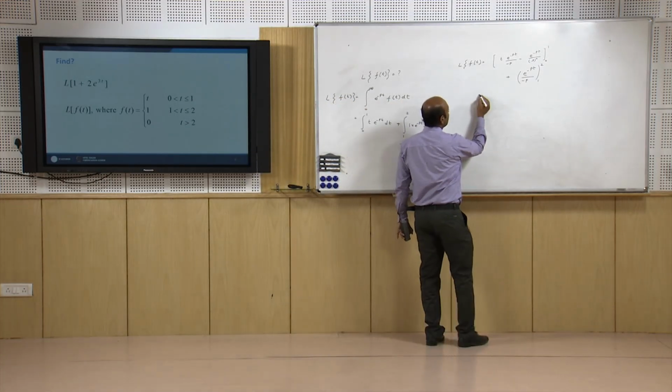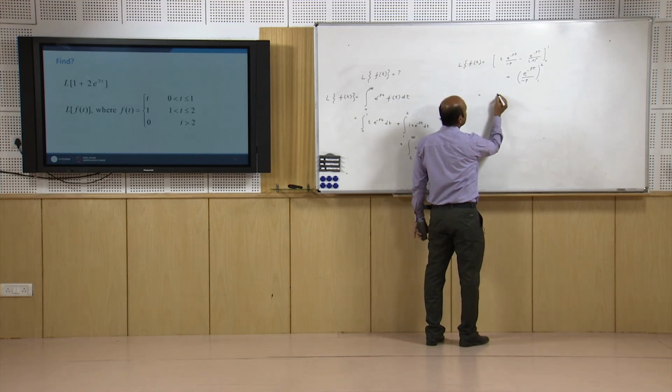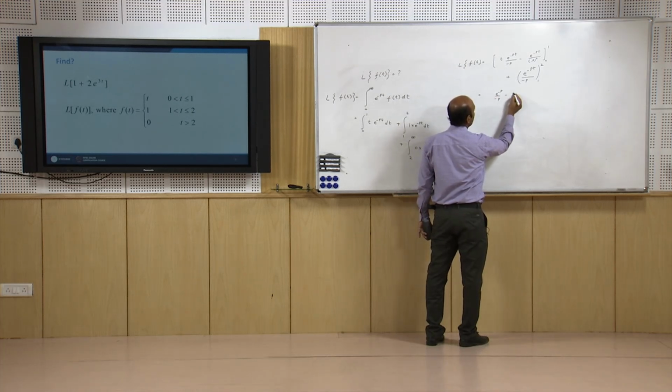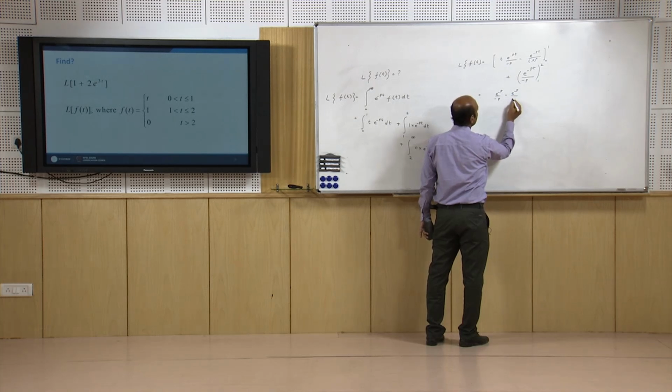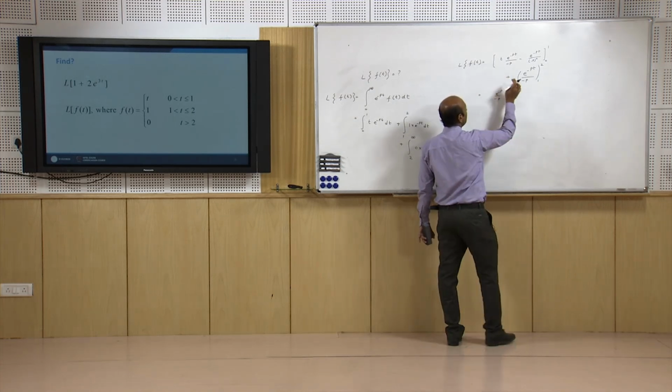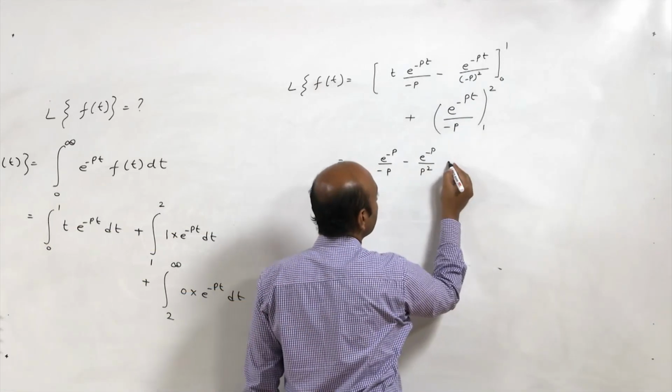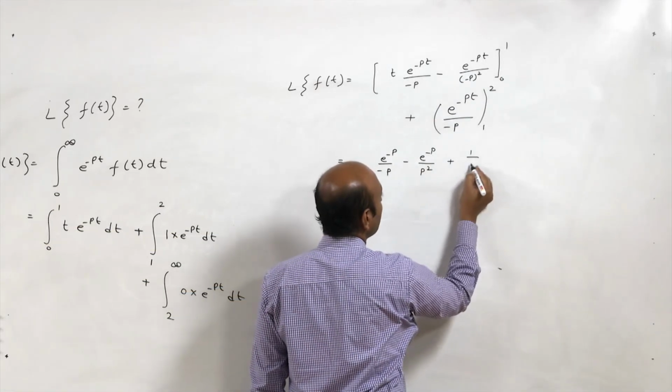Now here when t is 1, it is e to the power minus p upon minus p minus e to the power minus p upon p square. When t is 0, this is 0; it is minus minus plus 1 upon p square.